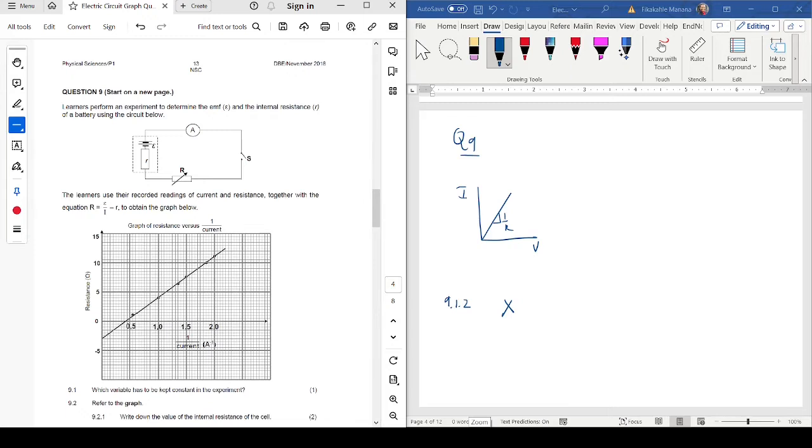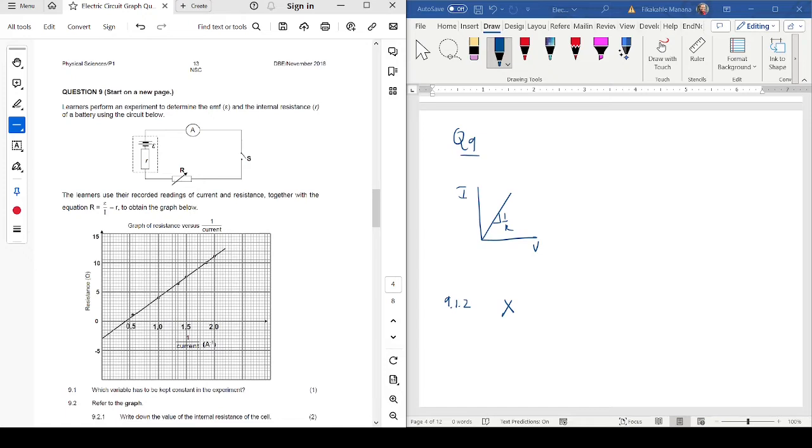Then it says, learners perform an experiment to determine the EMF and the internal resistance of a battery using the circuit below. Okay, so now we have EMF. Things are changing up a bit. So let us see what we can do with that information.